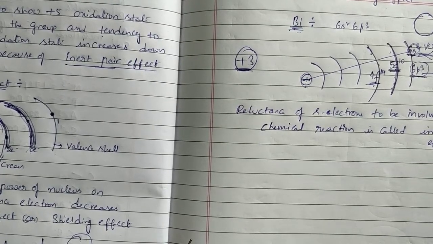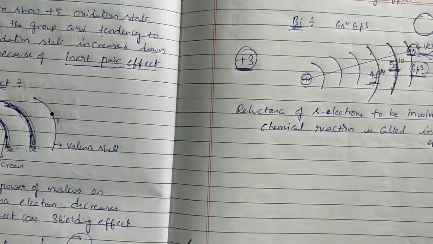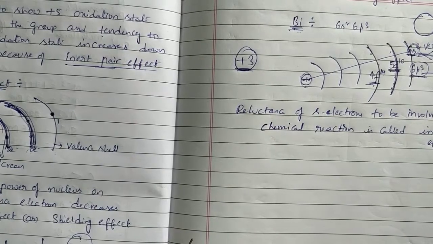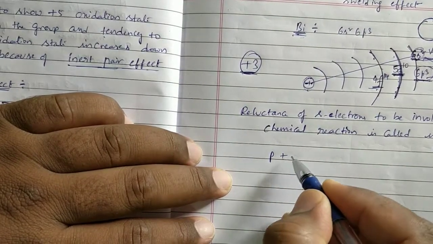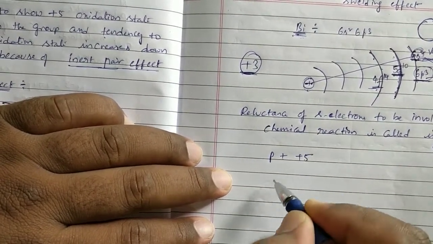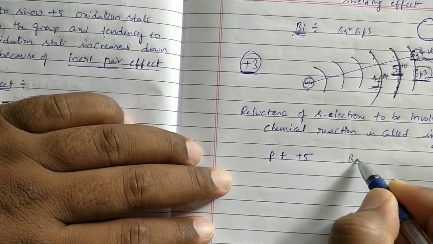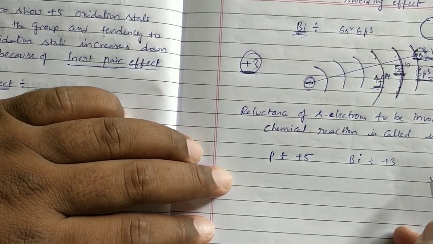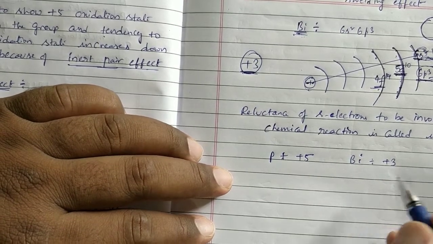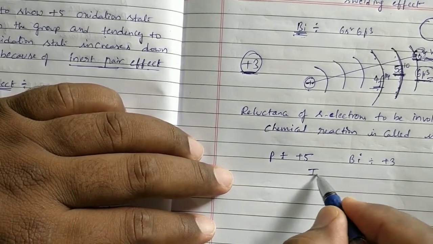That's why higher members can show +5 oxidation state, lower members cannot show +5 oxidation state. Phosphorus can exist in +5 oxidation state. Bismuth can exist in +3 oxidation state. This is because of inert pair effect.